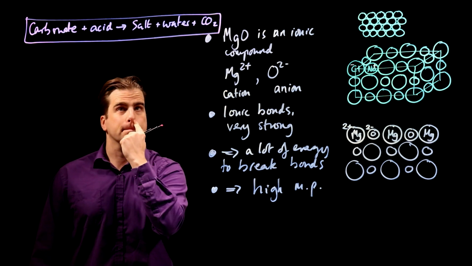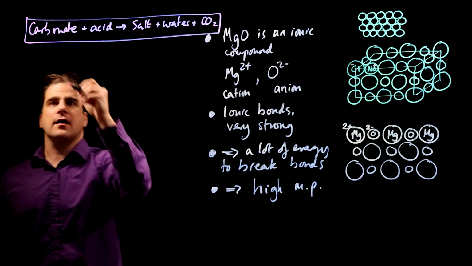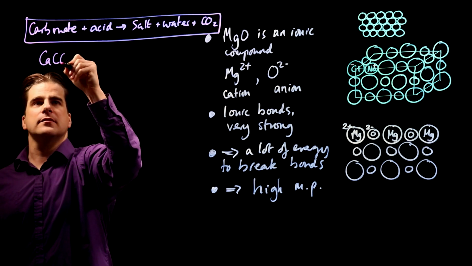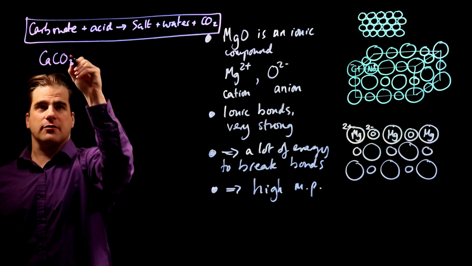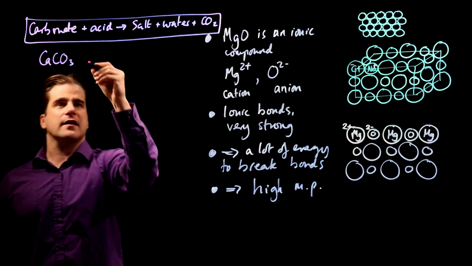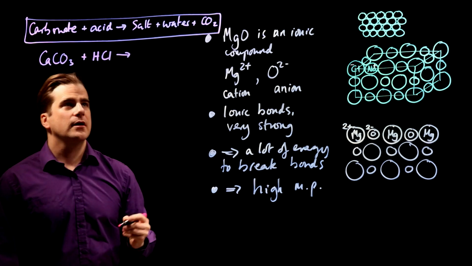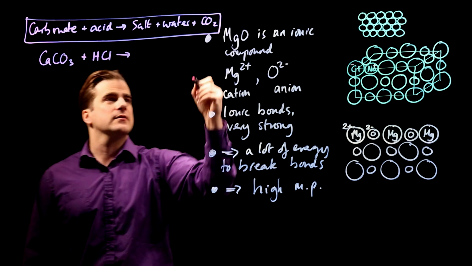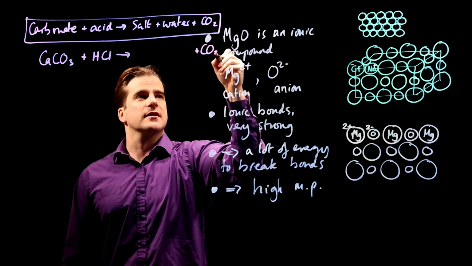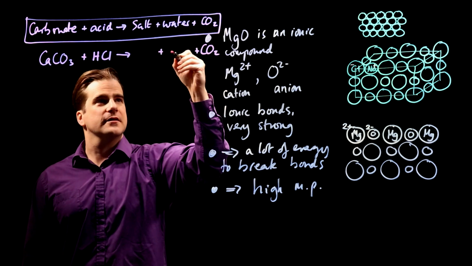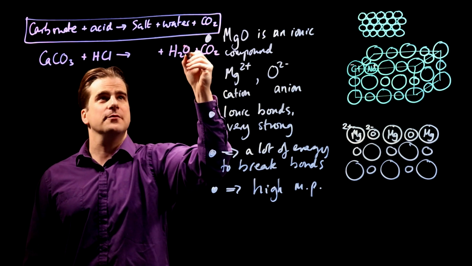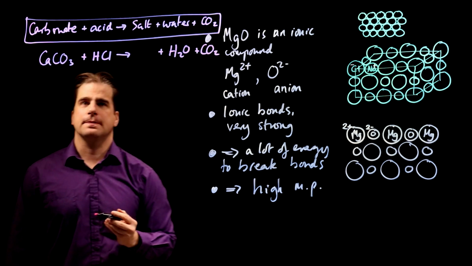All right? And that's what we've got here. Carbonate is calcium carbonate. CO3 means carbonate. The acid is HCl. So we're going to get salt, water and CO2. Well, CO2 is CO2. Water, I hope you know, is H2O. So what's the salt?